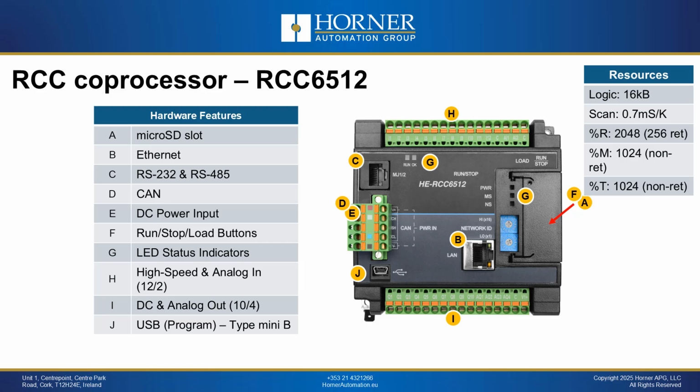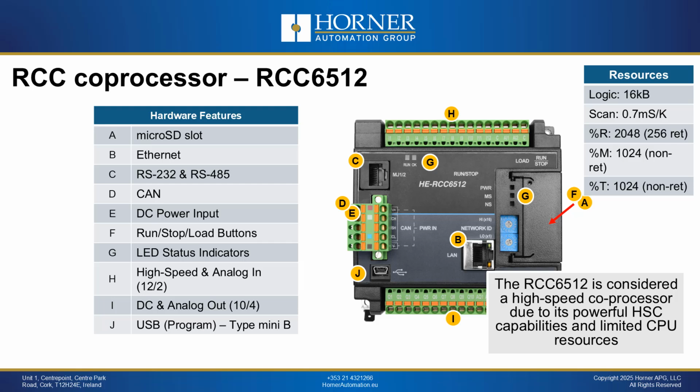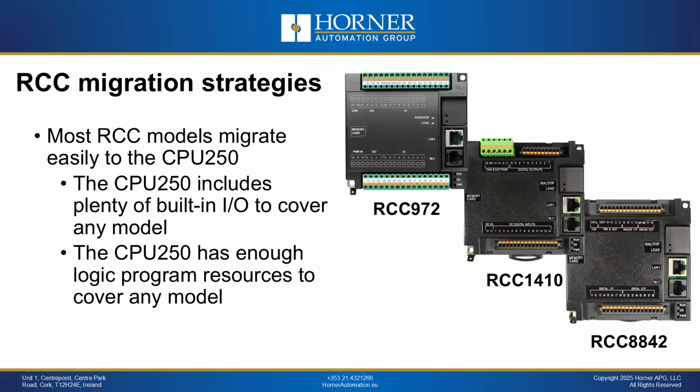So it is a very versatile product, but it has a very limited number of resources from a programming standpoint, because it is intended to be a core processor, and due to its incredible high-speed counter capabilities and its limited CPU resources. What are our migration strategies?